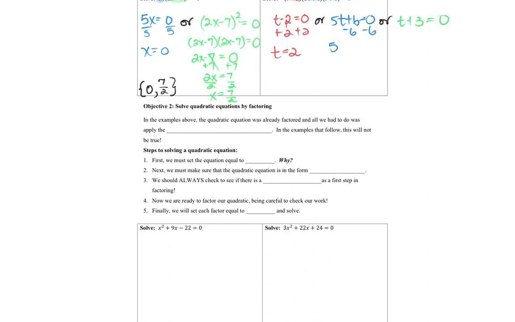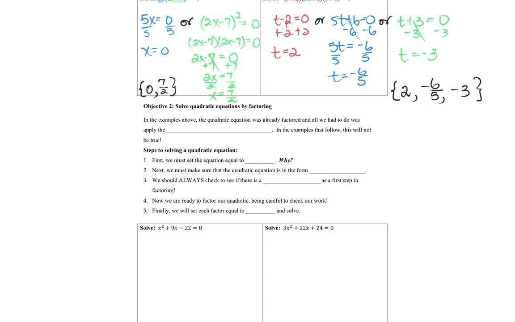First, subtract 6. 5t equals negative 6, divide by 5. T equals negative 6/5. And the last one, simply subtract 3 from both sides. So t equals negative 3. So this solution set contains 3 answers, right? 2, negative 6/5, and negative 3.